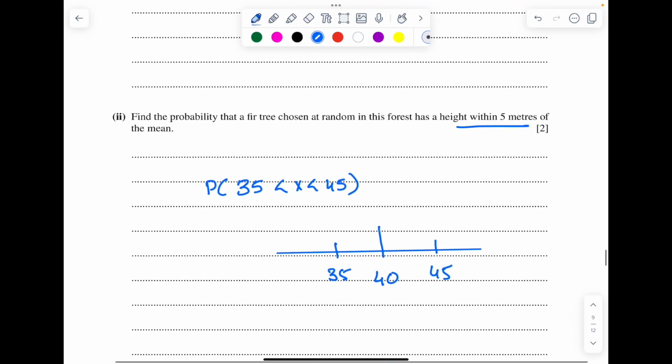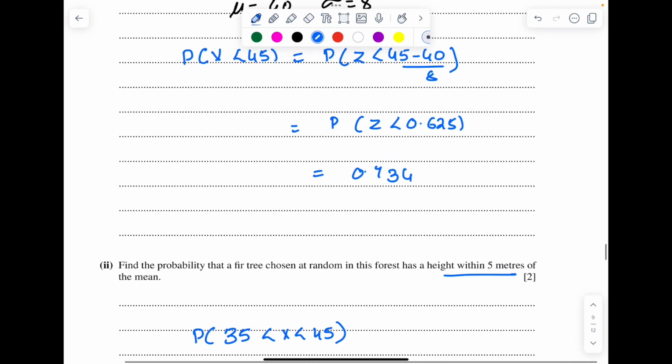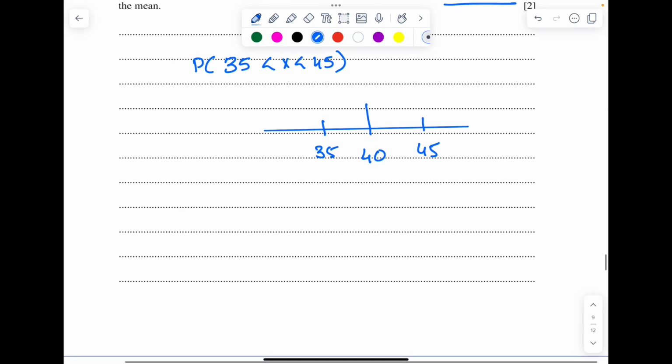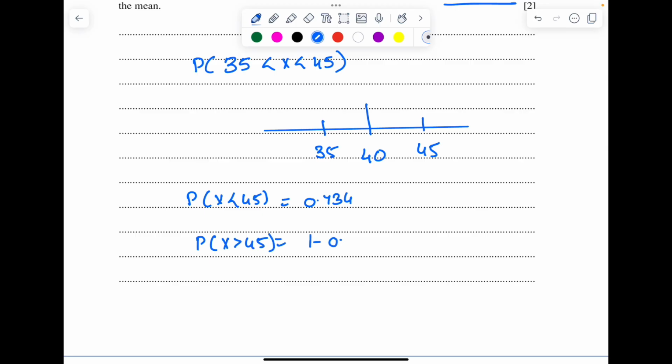Now we got less than 45 is 0.734. So greater than 45 will be 1 minus 0.734, which is 0.266.